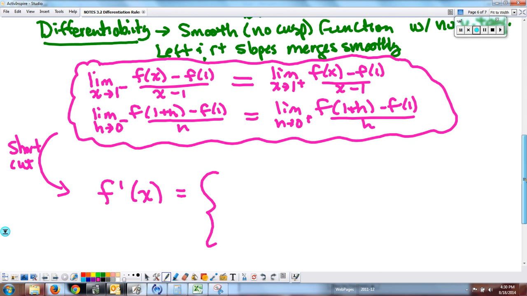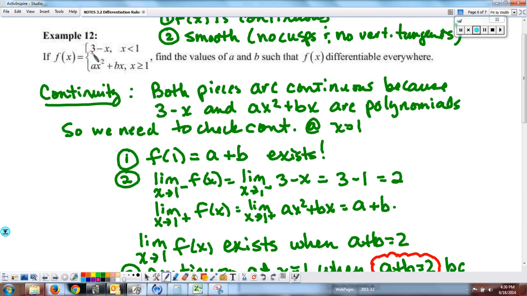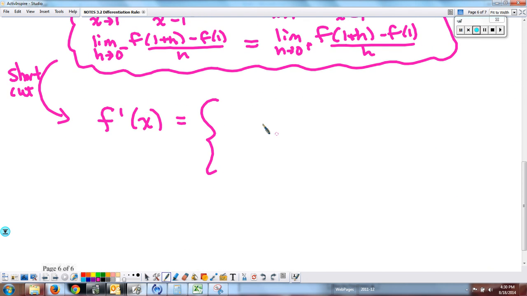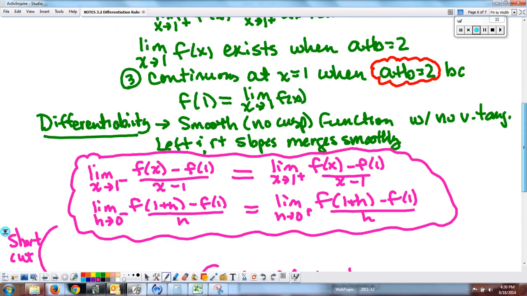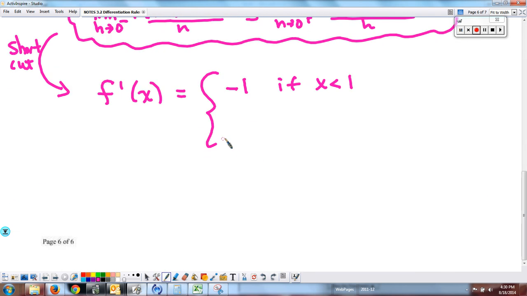We're going to calculate the left and the right piece. The left piece derivative would be negative 1 if x is less than 1. Your right piece derivative would be 2ax plus b if x is greater than 1.